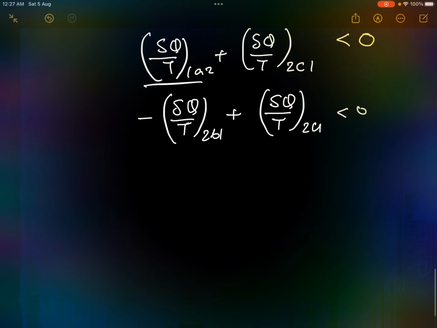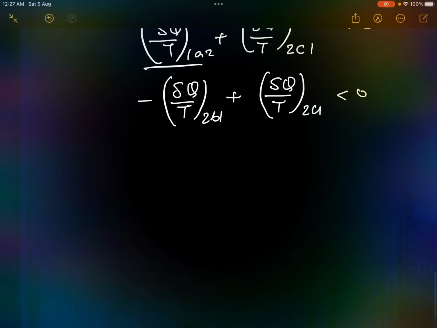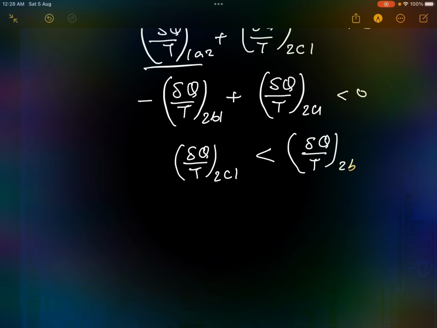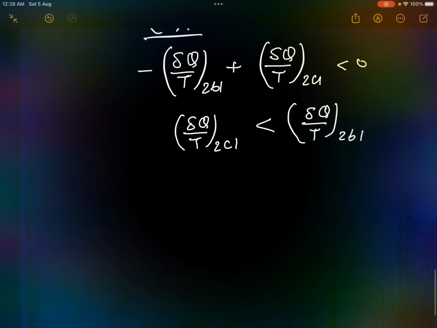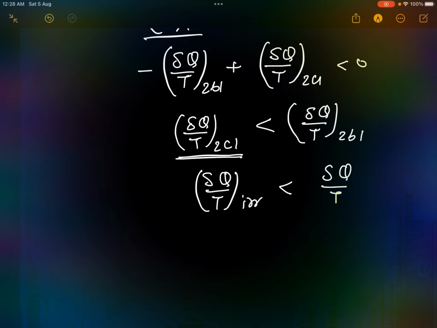Fine. So here I can say that del Q upon T for 2C1 is less than del Q upon T for 2B1. Because C is an irreversible path, I can say that this del Q upon T for irreversible is less than del Q upon T for reversible.